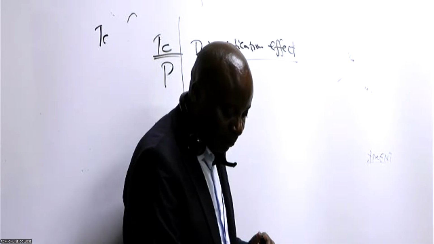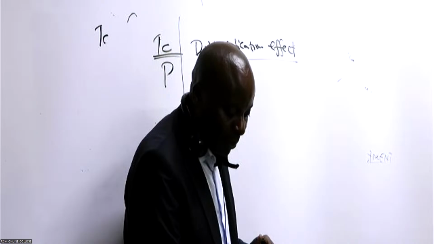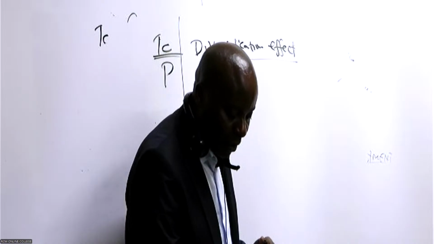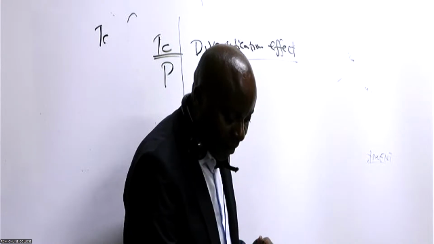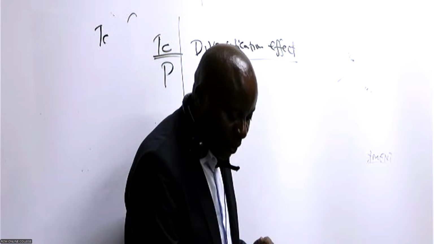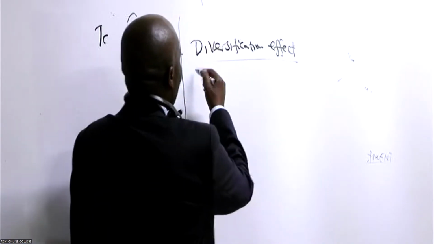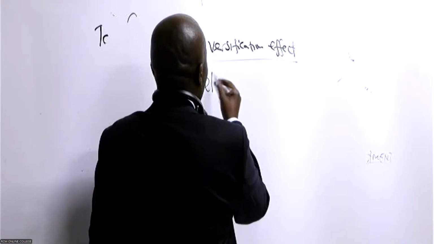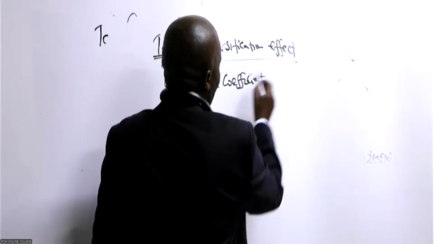With your permission, I'll go to our last area today. I would want us to look at this question that they keep on repeating: what is beta coefficient? Remember what we said in last week's class.